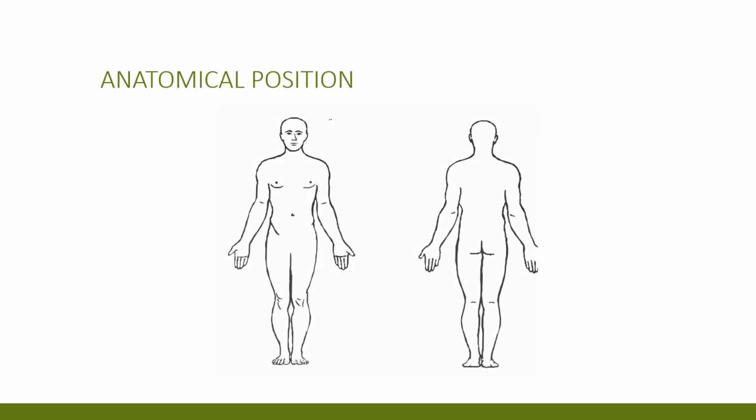So here you see the person facing you, or from the back, he's still in the same position, but we assume anatomical position. So notice how the thumb is out. That's on the outside, not on the inside. That's not a normal way we stand, but that's anatomical position. That's our basis for using terms for directions and so on and so forth.